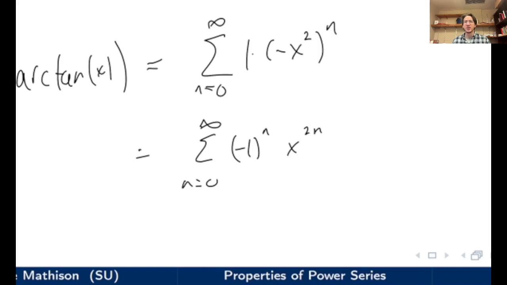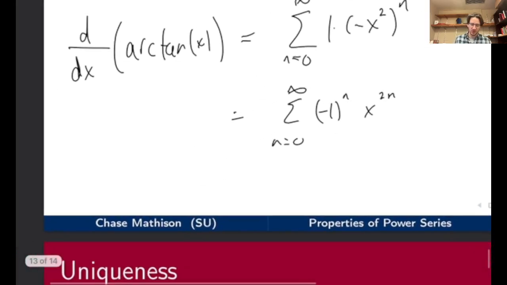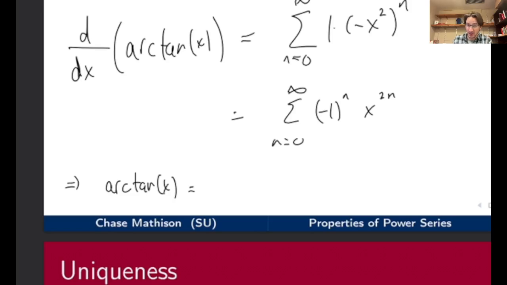This is the power series for the derivative of arctangent of x. So if I want the power series representation for arctangent of x, again, we're going to take an integral. This tells me the power series for arctangent of x, centered at 0. If you center it somewhere else, you get a different looking power series.